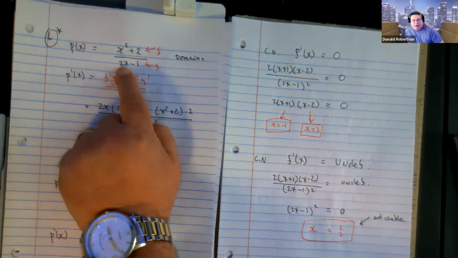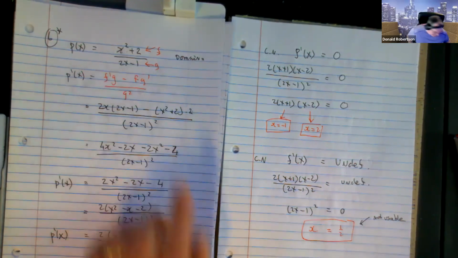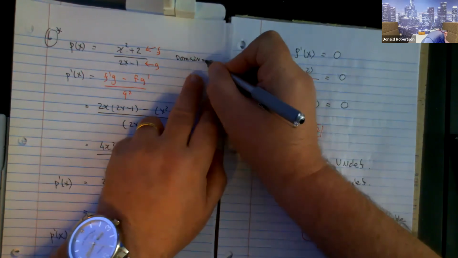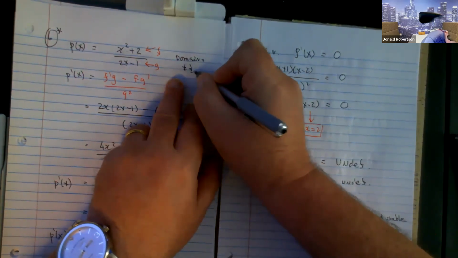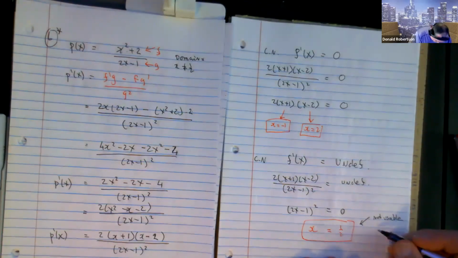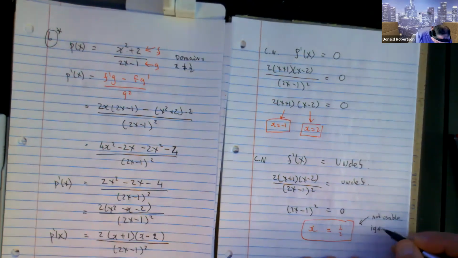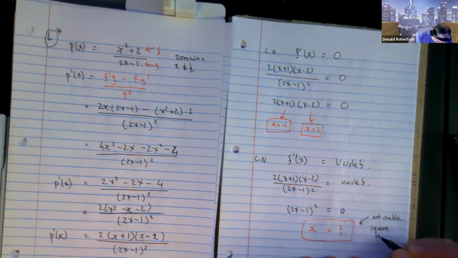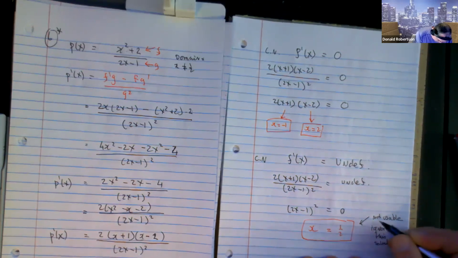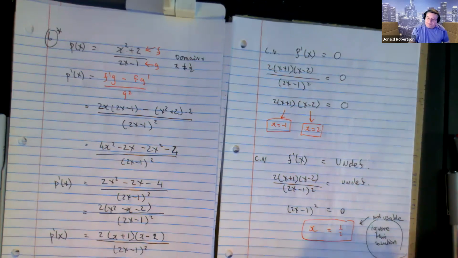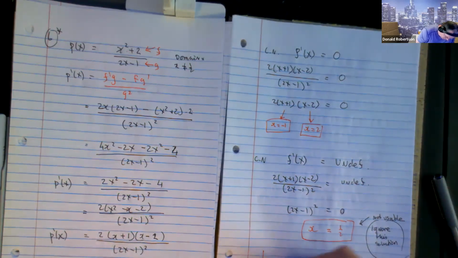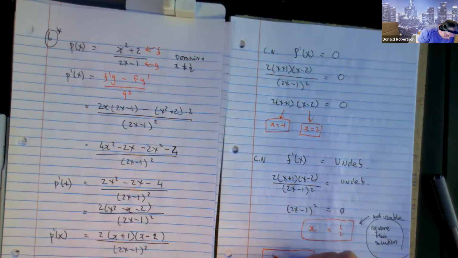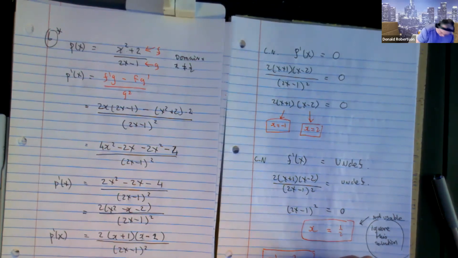Can you use x equals -1/2 in this function? So the domain is everybody, right? But not -1/2. So we have to ignore it, which means when you write down your answers, you're only going to write those two down.